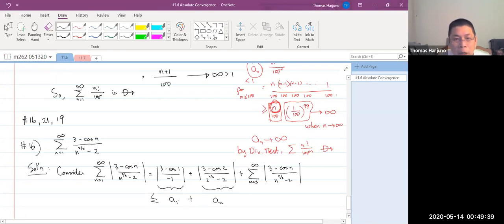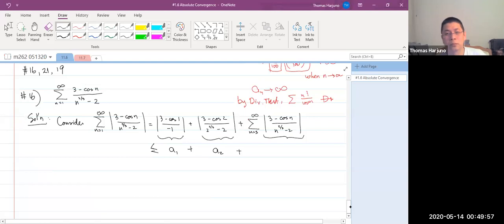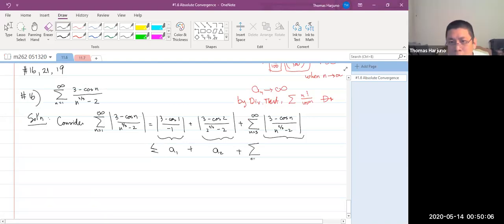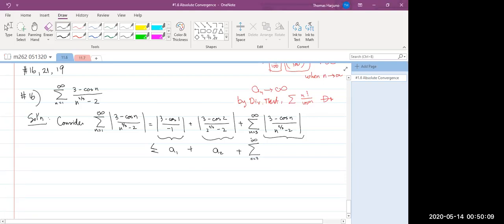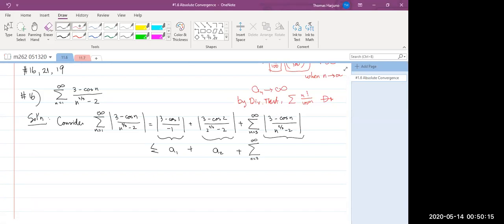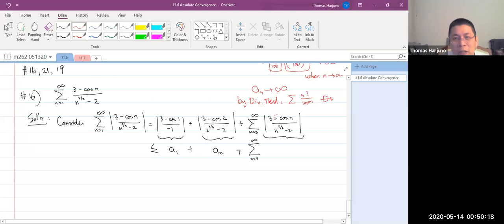Now then, the last term, this guy here, I want to bound it above. Now notice, what is the upper bound for the numerator? Cosine is between -1 and 1, right?